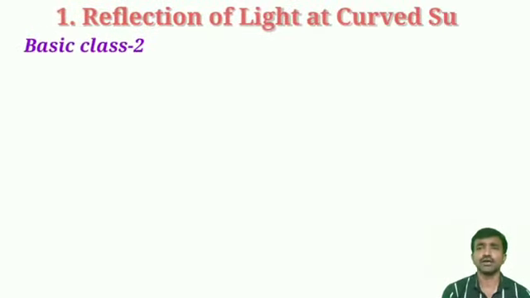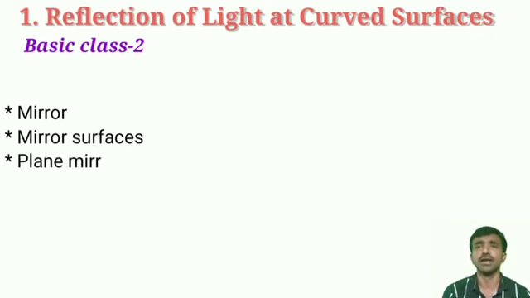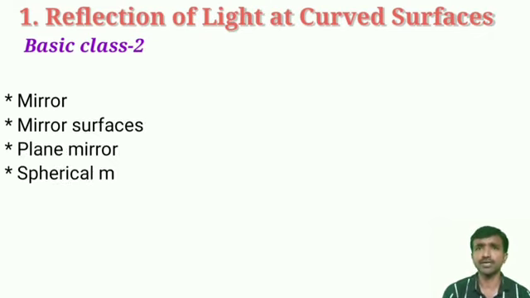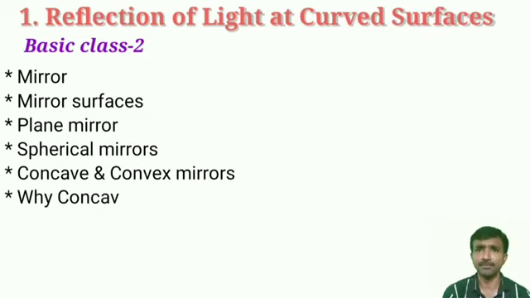Hello, welcome to the second basic class of the lesson reflection of light at curved surfaces. In this video class, I will discuss mirror surfaces, types of mirrors like a plane mirror and spherical mirrors, and spherical mirrors are also classified into concave mirror and convex mirror.